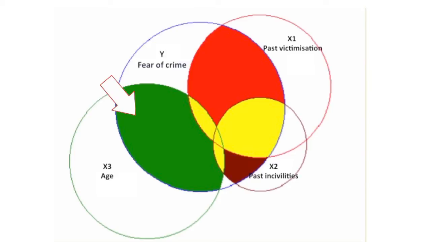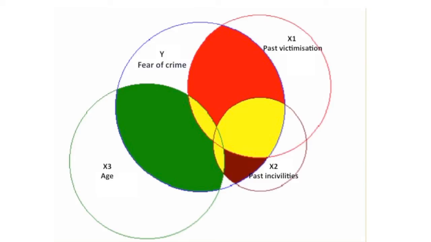For x3, this is the green shaded area. This is the portion of R squared that's uniquely attributable to age. And again, it's known as the squared semi-partial correlation. All the yellow shaded areas are shared among the IVs, or the independent variables, and so cannot be uniquely attributed to any one of them.